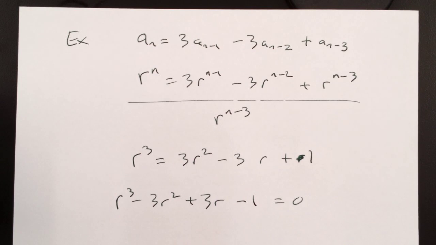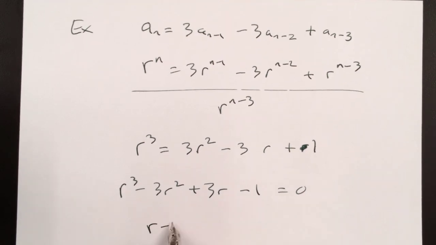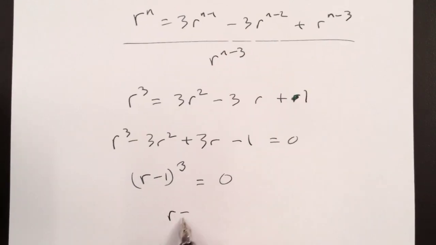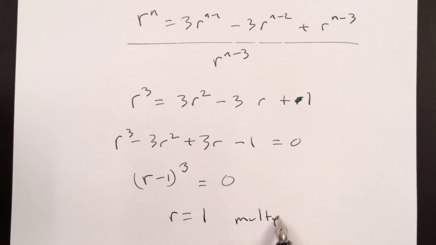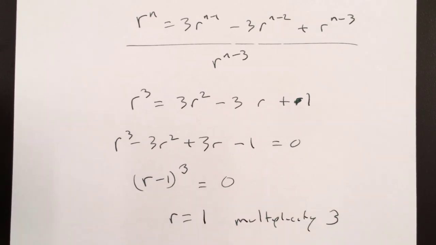I cheated. I rigged this really substantially. This is r minus 1 to the 3rd power. I worked it out ahead of time, which means the only root is 1. And it's got multiplicity 3. If it's got multiplicity 3, it shows up 3 times, right?